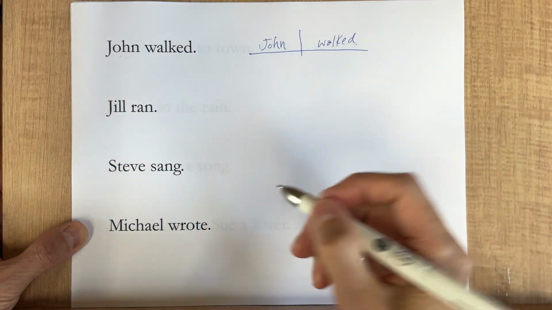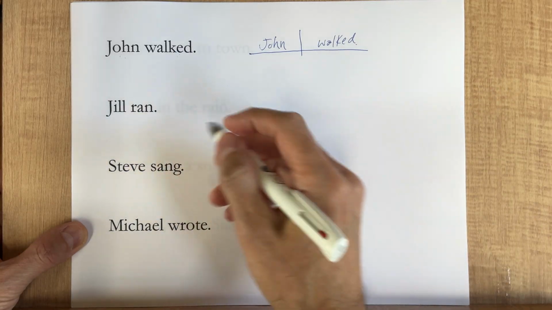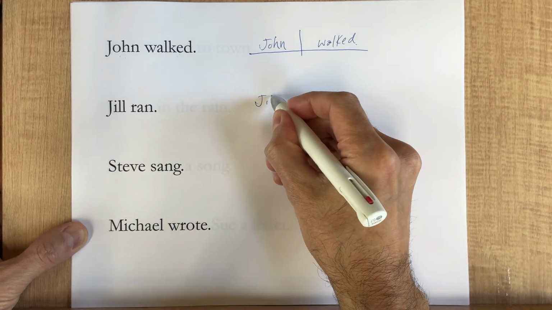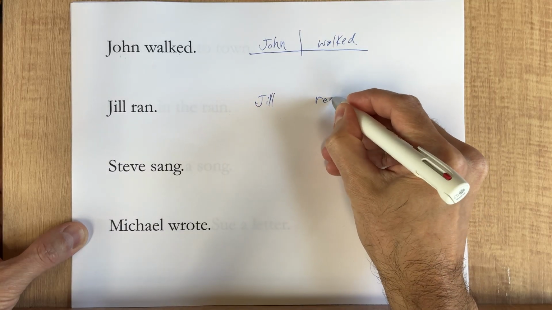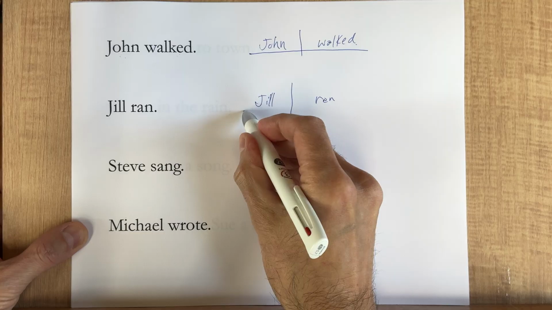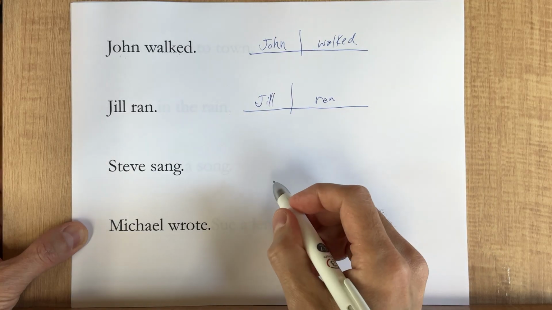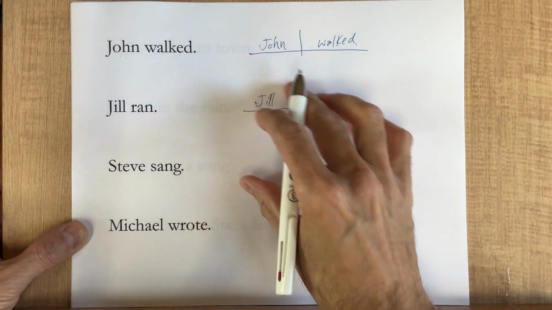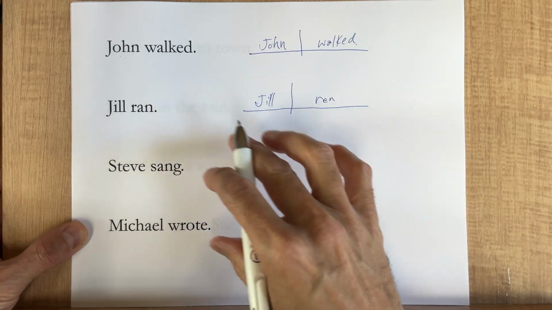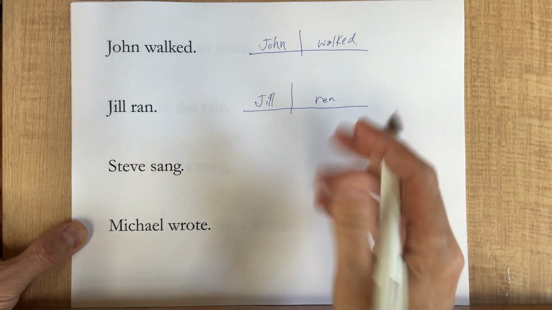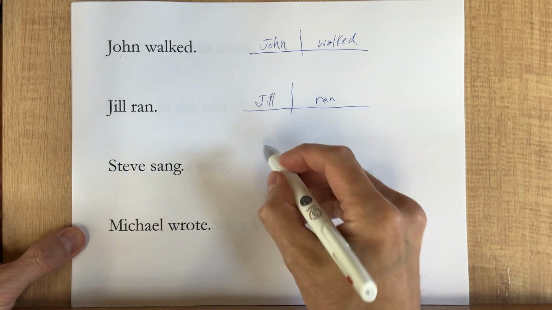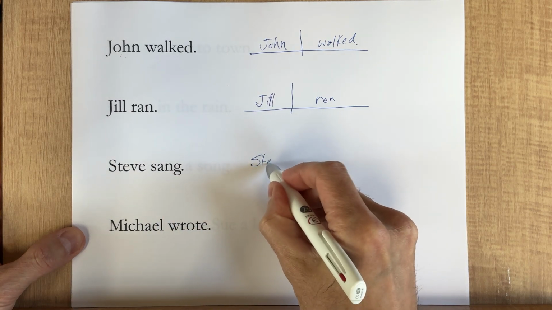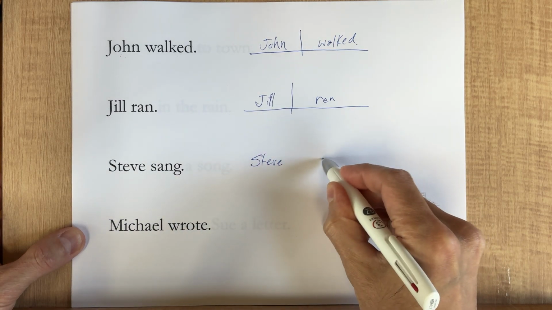Okay, let's just go through the rest of these quickly because they're pretty simple. Jill ran. You just sort of divide it so you can see the 2 component parts. And of course, this will branch out as you get more and more complex sentences. And you'll see how this works as we get through the video. Anyway, Steve sang.